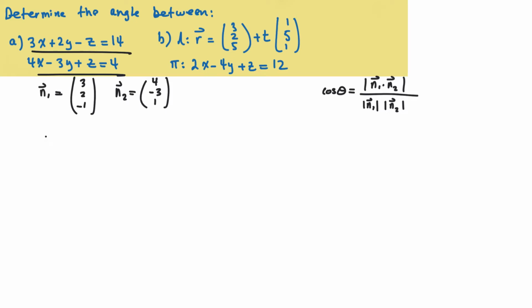For the dot product of the two vectors n1 and n2, we have 3, 2, -1 dotted with 4, -3, and 1. We multiply their x, y, and z components together and add them up.